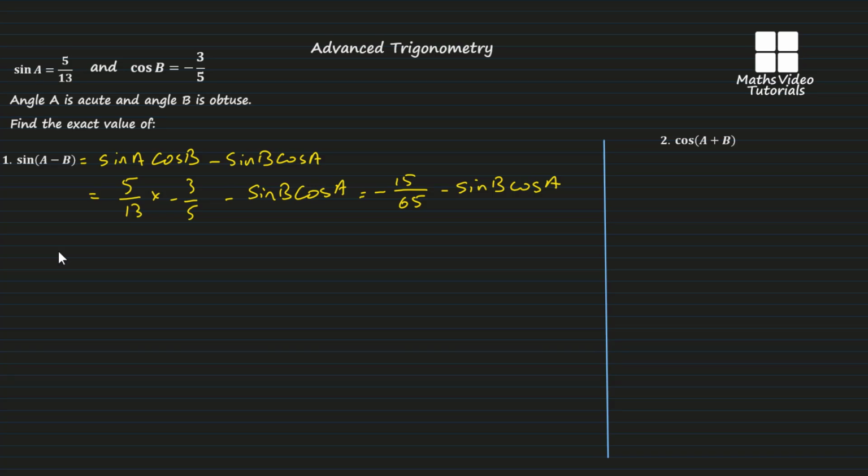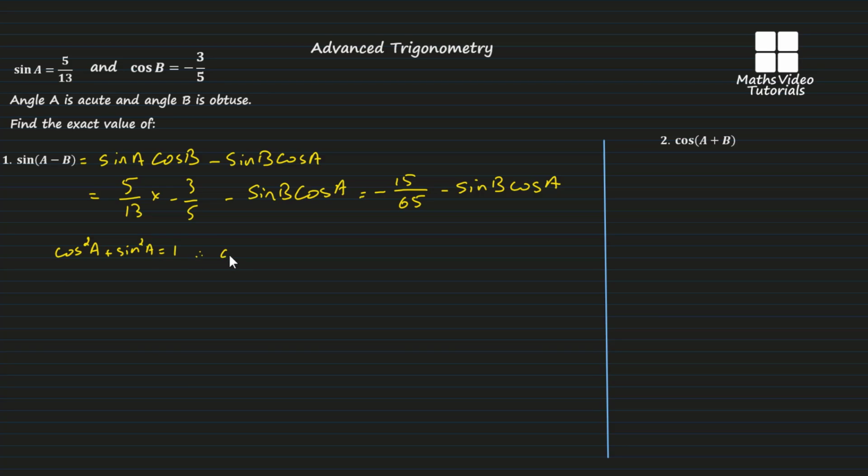So we know that cos squared A, that's in general the identity, plus sine squared A is identical to 1. So that will allow me to work out cos A using this identity.